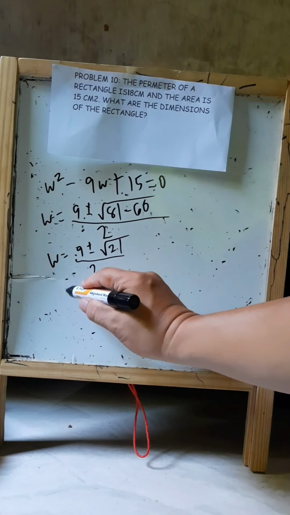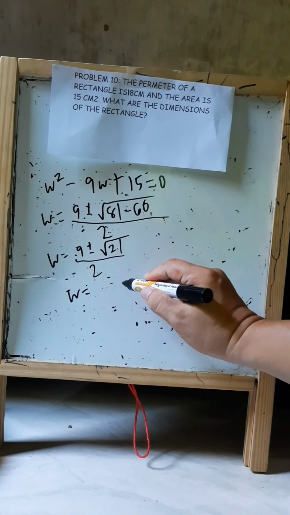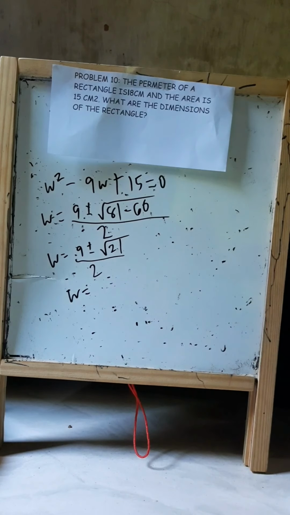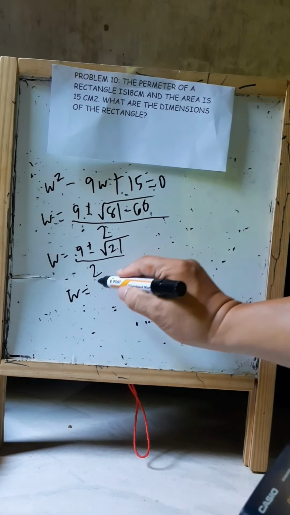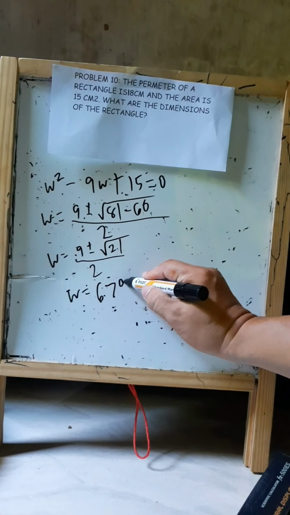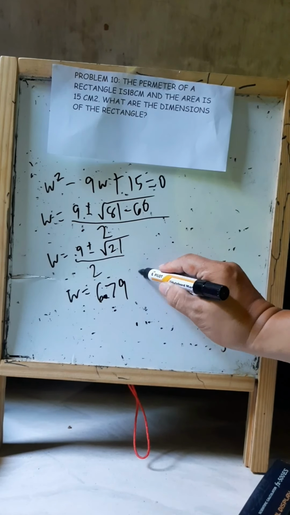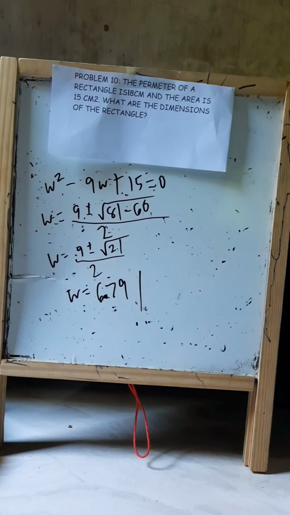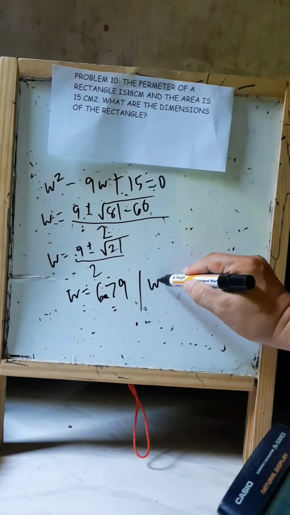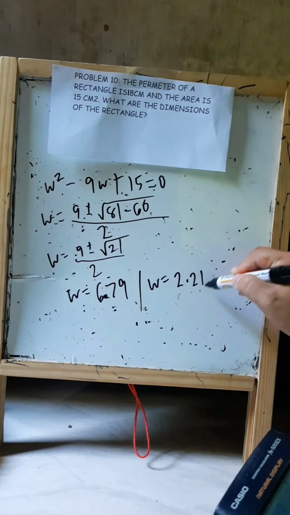So the two values of W are, in decimal form, 9 plus square root of 21 divided by 2 is 6.79, while the other one, 9 minus square root of 21 divided by 2, is 2.21.